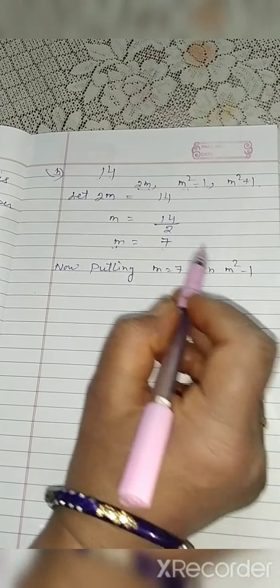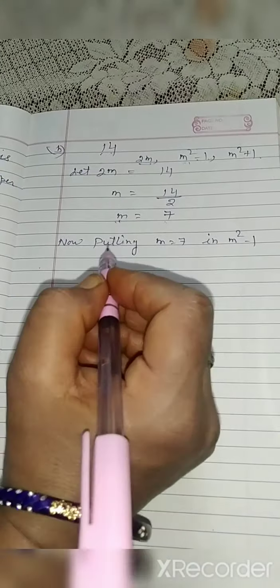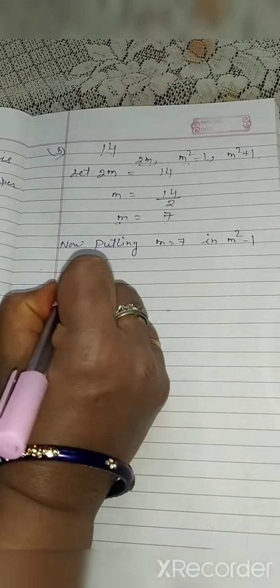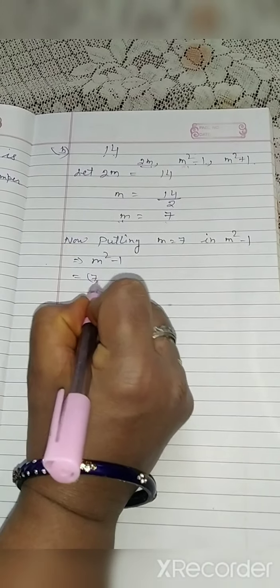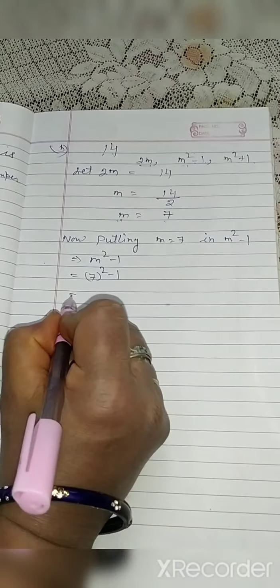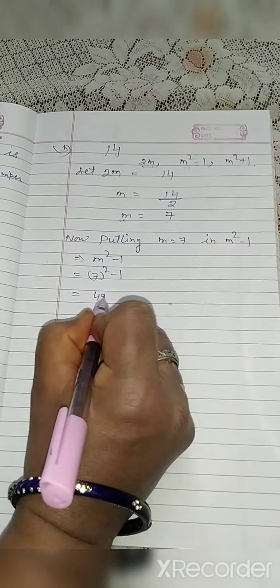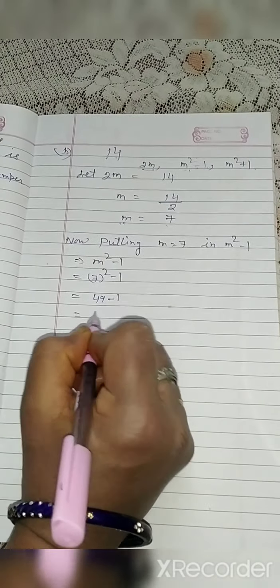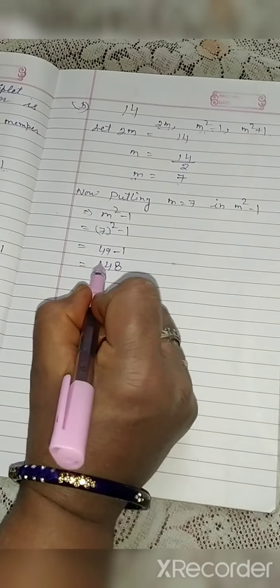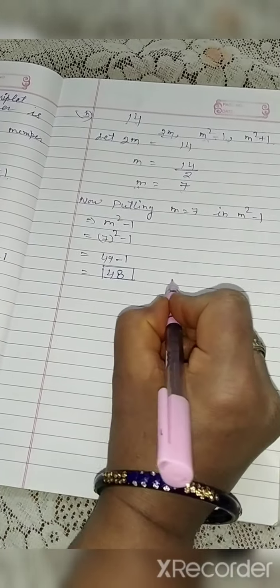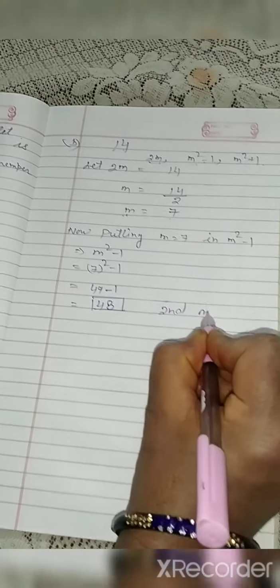So m square minus 1 is equal to 7 square minus 1, that is 7 square is 49 minus 1, that is 48. So this is the second member.